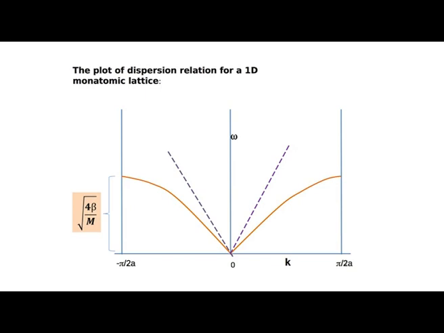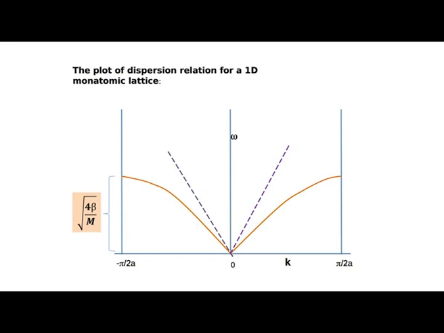Now, if I plot those expressions, you have two expressions. In the long wavelength limit, you will end up in the plot, as you can see in the image, with the dotted lines, and the general case is with the solid lines, which is a function of the sine.